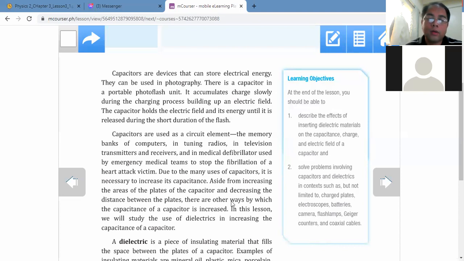So again, the main thing about our capacitors is that they can be used in photography. There is a capacitor in a portable photo flash unit. You notice that a very bright light requires enough charge that it has to discharge that charge in the capacitor, so you can produce a very bright light.